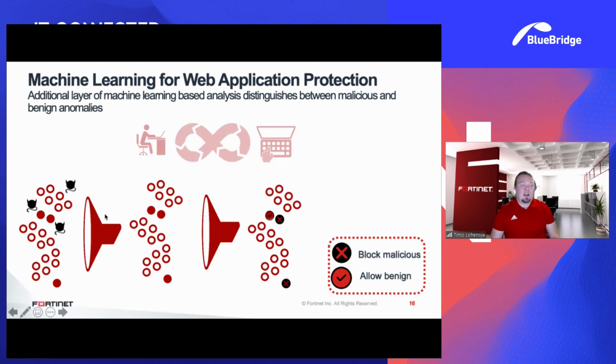The first phase here is based on a hidden Markov model. So we have the mathematical model of the web application, or the API, or the usage of the web application. And the second stage is a support vector machine, where we do deeper analysis, which is then able to make the decision: are we going to block something or not?